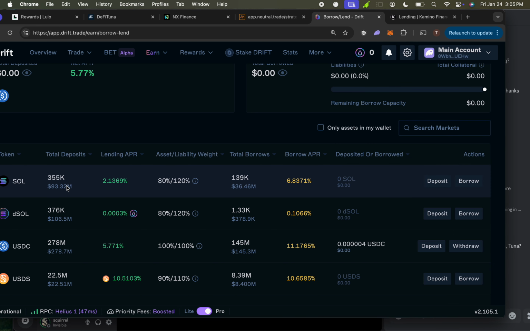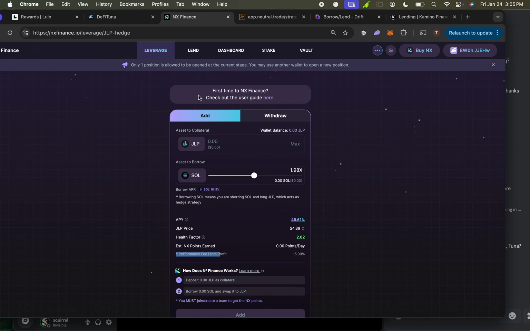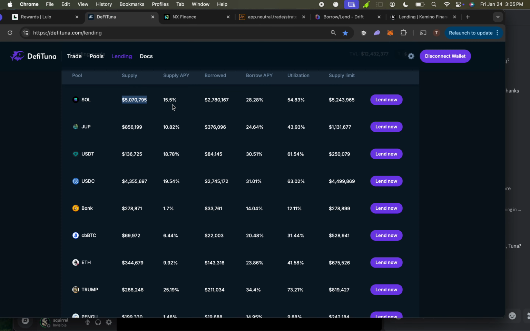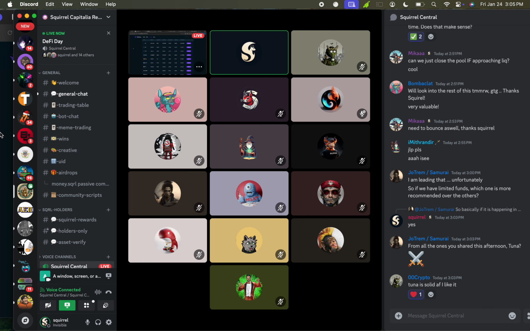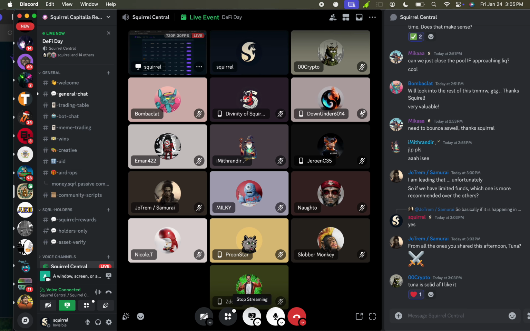This is 7 times less liquidity and 7 times more APY. So generally speaking, you want to find lower liquidity pools that are still safe to get maximum interest. Okay, I think I can stop sharing now.